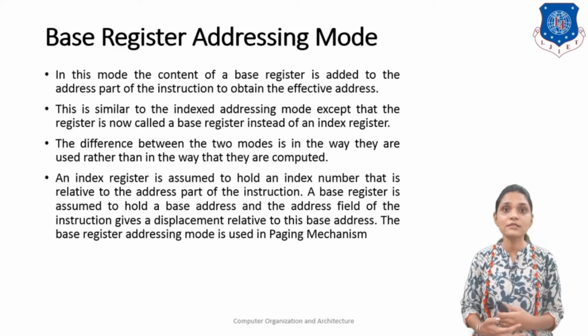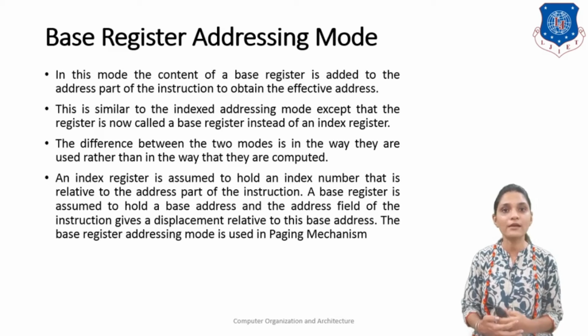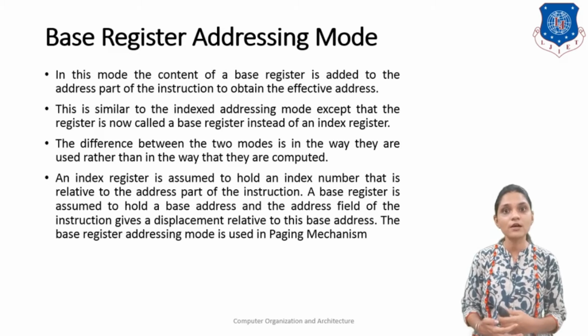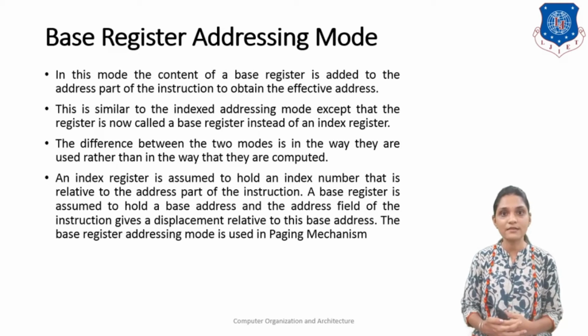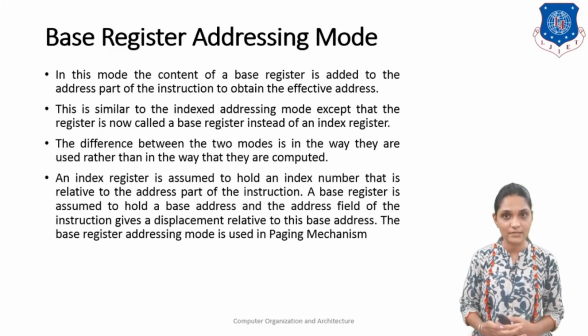An index register is assumed to hold the index number that is relative to the address part of the instruction, while a base register is assumed to hold the base address, and the address field of the instruction gives the displacement relative to the base address. The base register addressing mode is generally used in the paging mechanism.